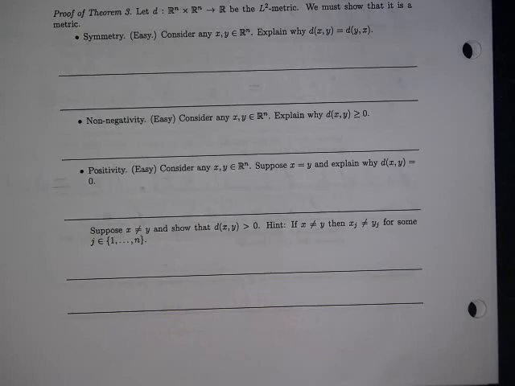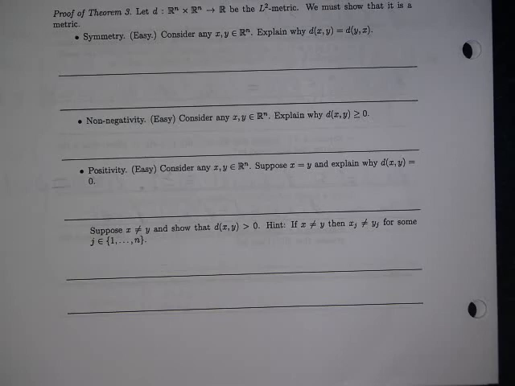Continuing down, let's suppose that x is not equal to y, and prove that the distance from x to y is strictly positive. And maybe this one I'll actually write something down. Because what does it mean for one n-tuple to not be the same as the other n-tuple? Well, two things are equal if each of their entries are equal.